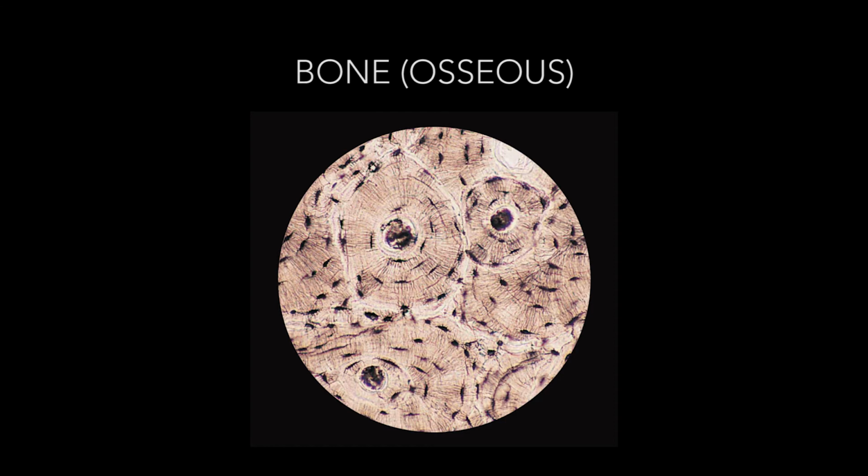Osseous tissue or bone tissue is sort of a protecting tissue and support. It is a base for muscle attachment. It also stores calcium and other materials. And the bone marrow part of it is a site for red blood and white blood cell production.